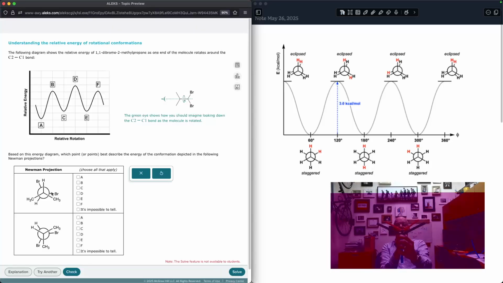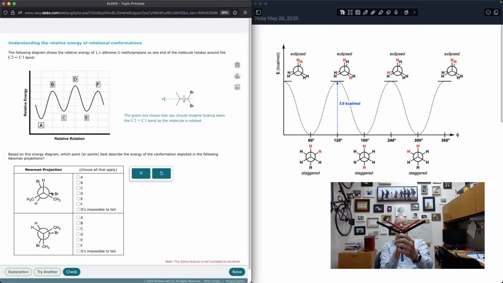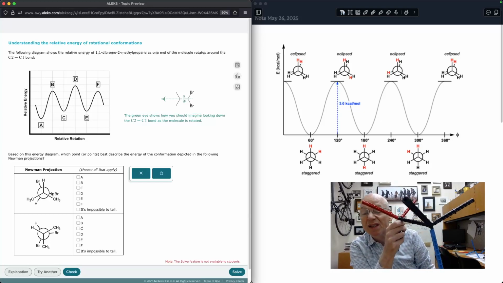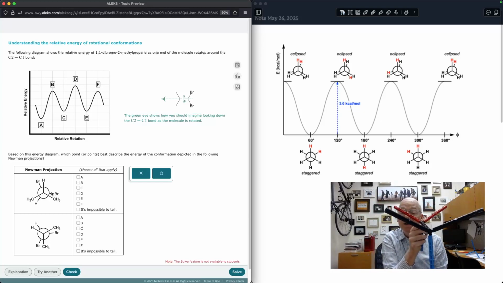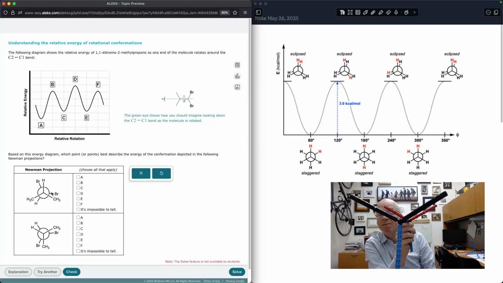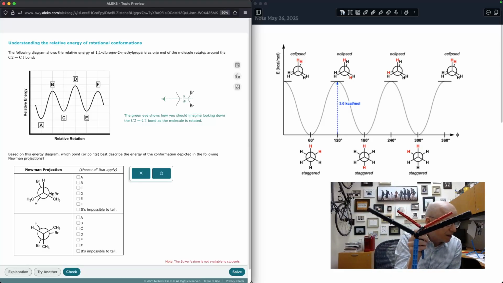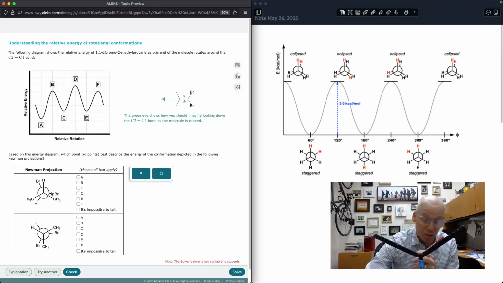The highest is when I've got the 2 methyl groups in front, eclipsed with the 2 bromos behind. I wonder if you can see that. Okay. Probably should get like a white background so you can see that better. Okay. All right, that's the highest. That's going to be D. Only D. And I can see the bottom panel. That's what's going on here with the bottom one, right? That's going to be D.